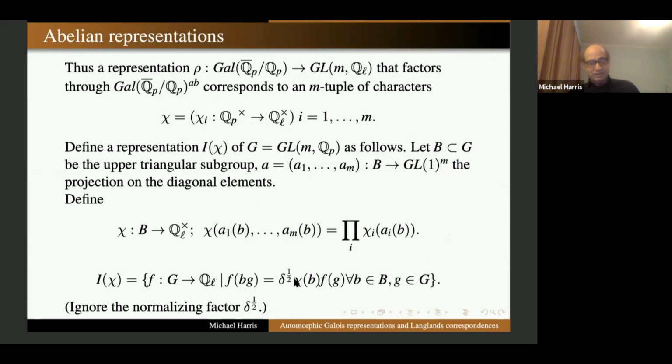So I'm putting this in, that is another homomorphism from B to QL star, which I encourage you to ignore, unless you already know what it is, in which case you don't need me to tell you. All right, so now we've got a vector space, an infinite dimensional vector space, necessarily, and GLM acts by translation.